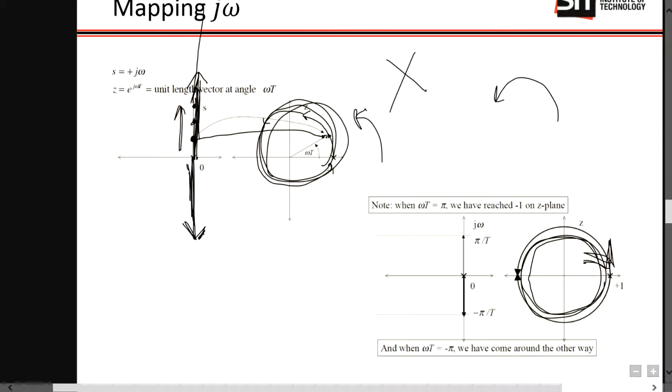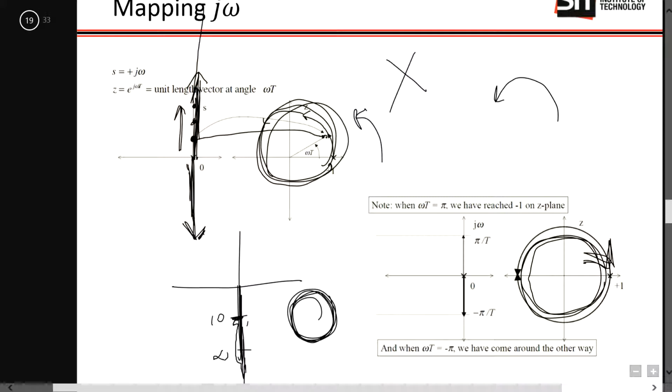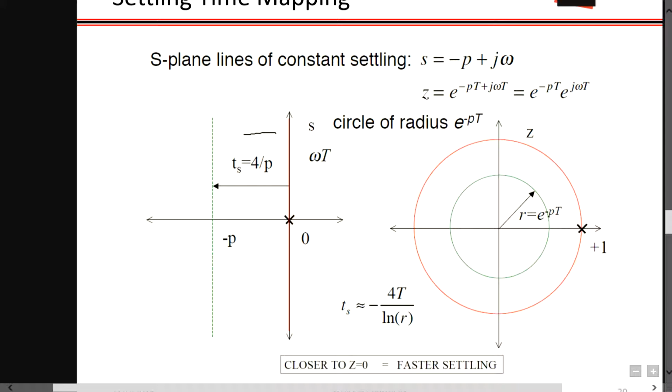But for the bottom half, for the bottom signal, you will also circulate 2 pi. No matter how many times you go, maybe 10 to infinity, you will plot in terms of this circle only. That's all. Now, the further you go, the more you are going towards the origin.